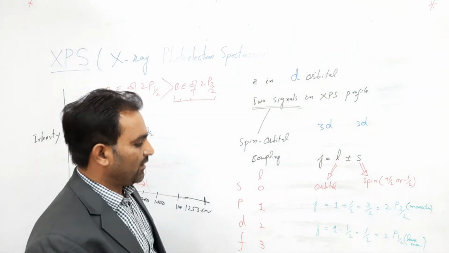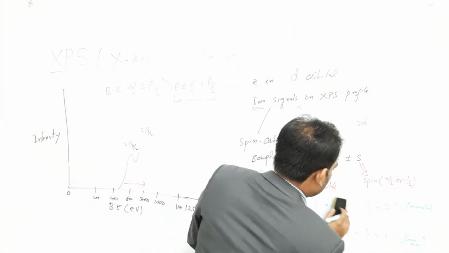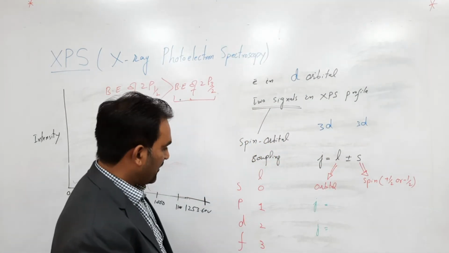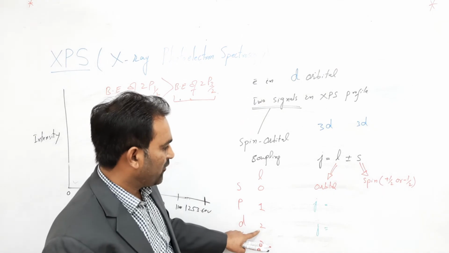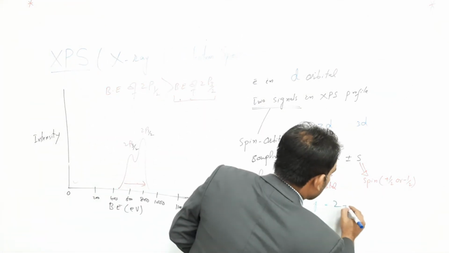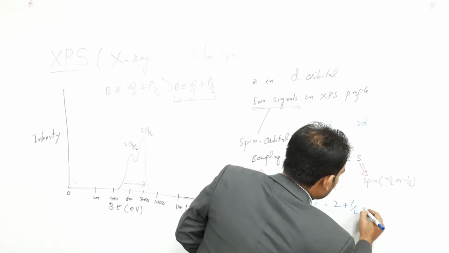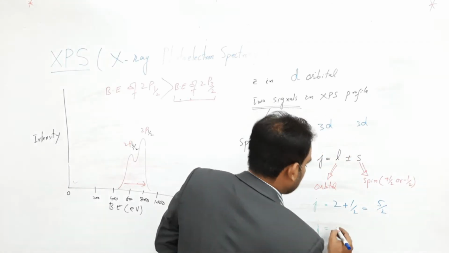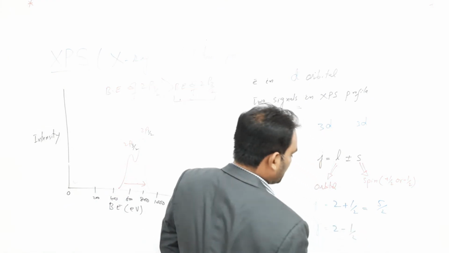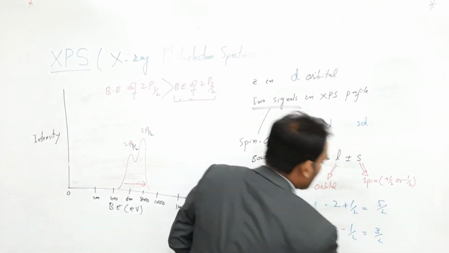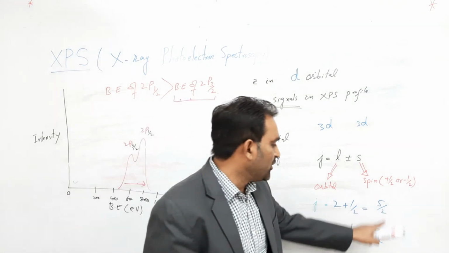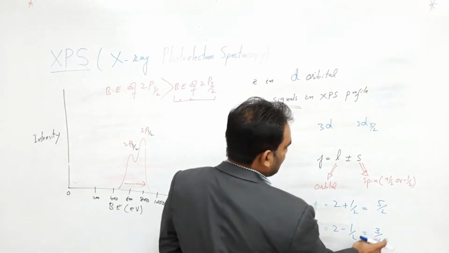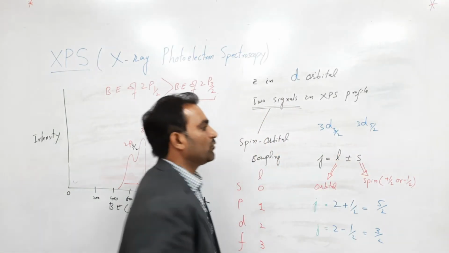We have an idea that for a d orbital, the value of L is equal to 2. 2 plus 1 by 2 is equal to 5 by 2, and 2 minus 1 by 2 is equal to 3 by 2. So you will come up with two different signals, 3d 5 by 2 and 3d 3 by 2.